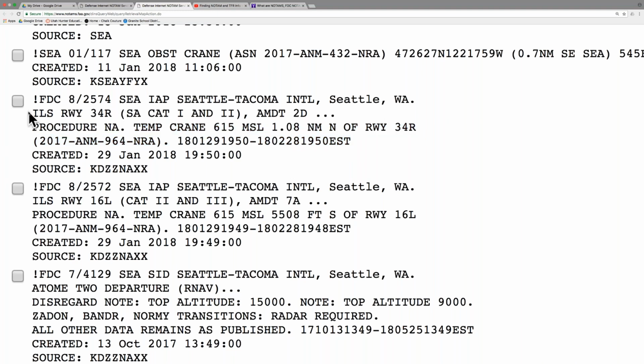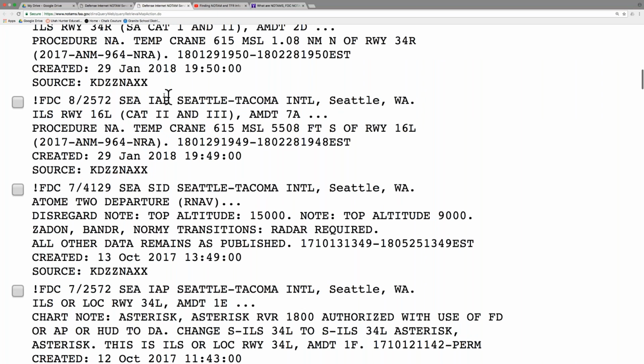So once again, this only applies to ILS runway 34 right. So if we had to use category 1 or 2 minimums for 34 right, and we wanted to use the instrument approach or the ILS for 34 right, we couldn't do it because there's a crane right in the middle of the flight path.